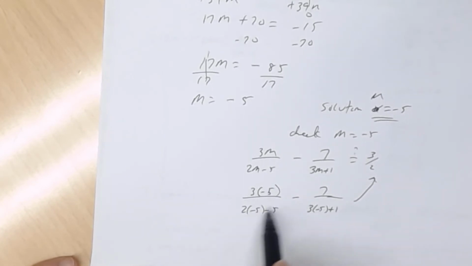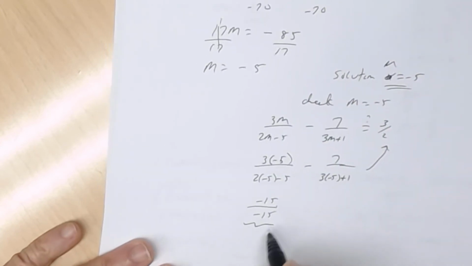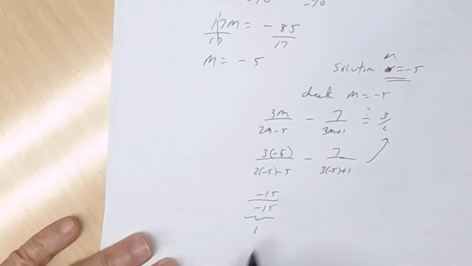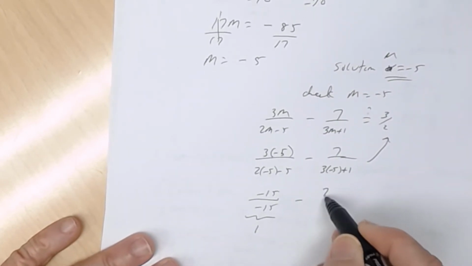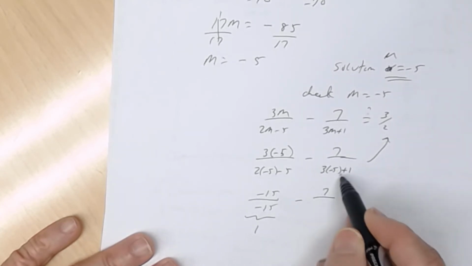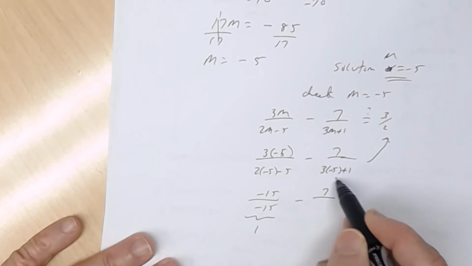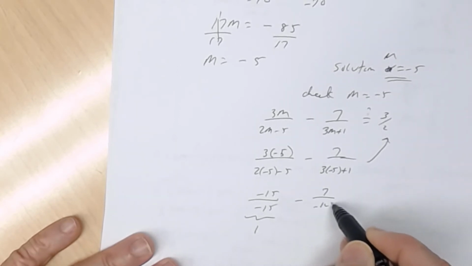Well, let's work with this one. So that's negative 15. 2 times negative 5 is a negative 10. A negative 10 and a negative 5 is a negative 15. So you'll see that's a 1 right here. Over here, minus 7 divided by 3 times negative 5, which is negative 15. Negative 15 plus 1 is a negative 14.